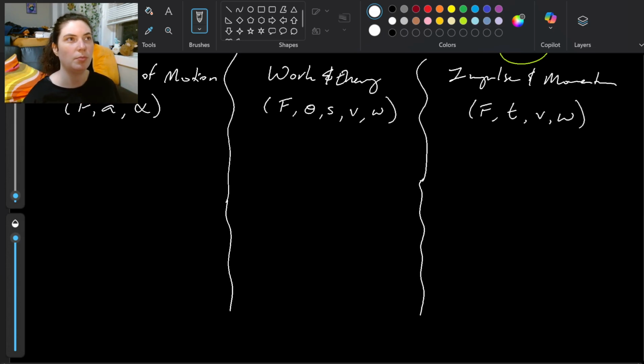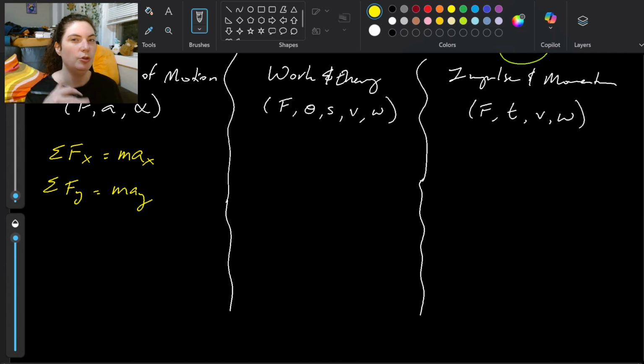So when we're thinking about problems that work well with our equations of motion and how we approach those problems, those are the ones where we said we were going to take the summation of all of our x forces equals mass times x acceleration. Summation of all of our y forces equals mass times y acceleration. And then we had a few different moment equations to choose from.